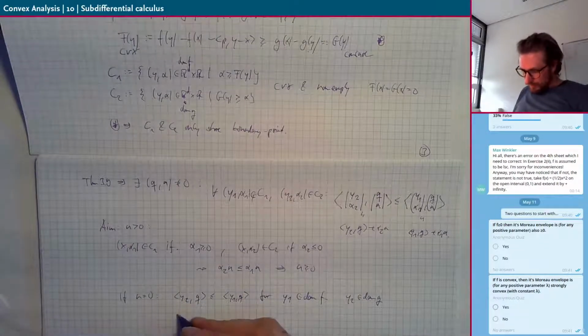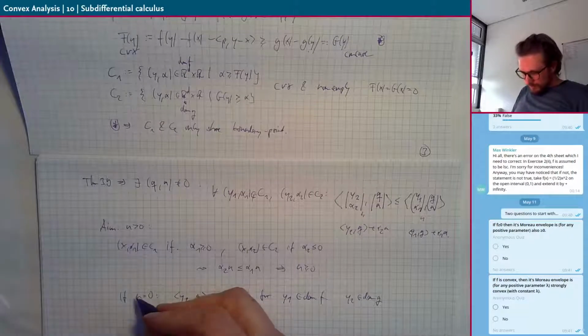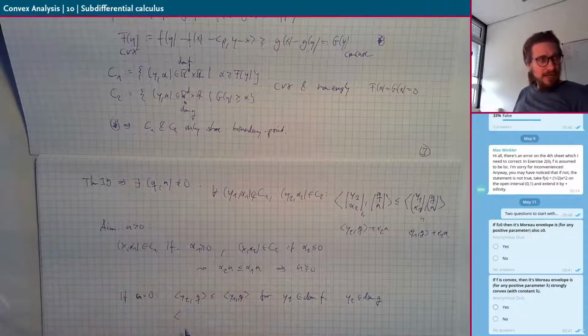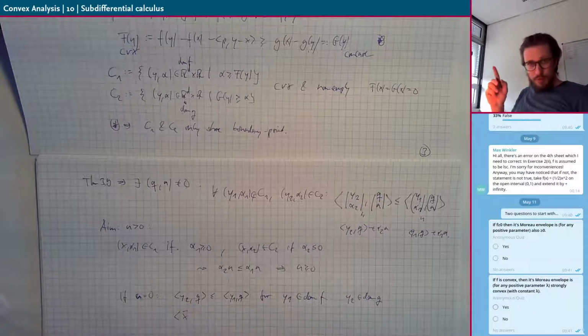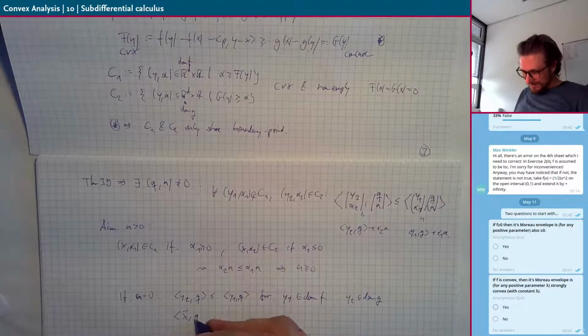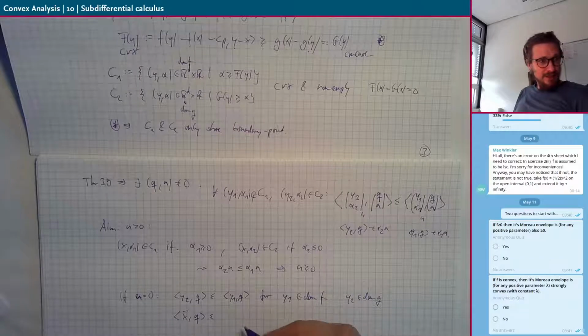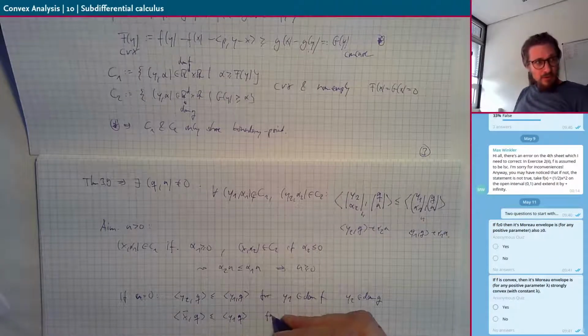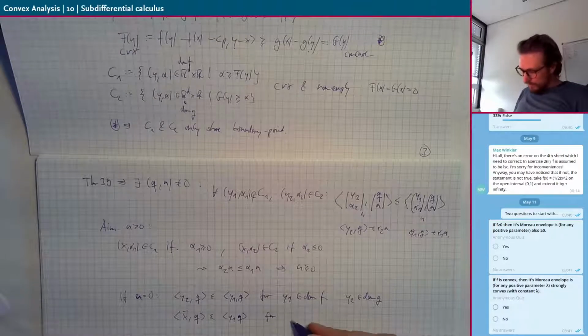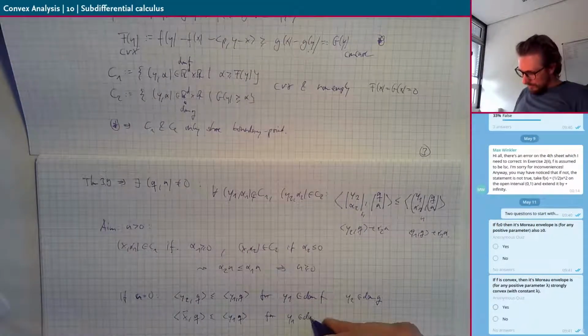And also we would have that x bar, the one point which should exist, times q is smaller equal y1 times q for y1 in the domain of f.